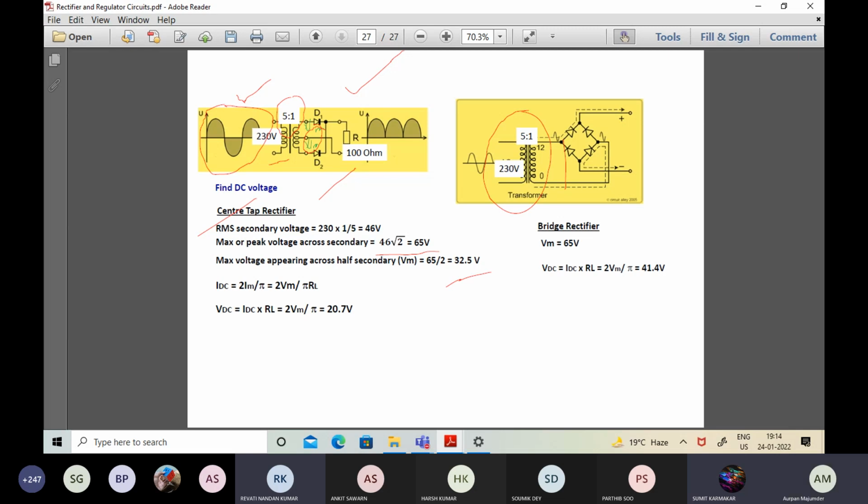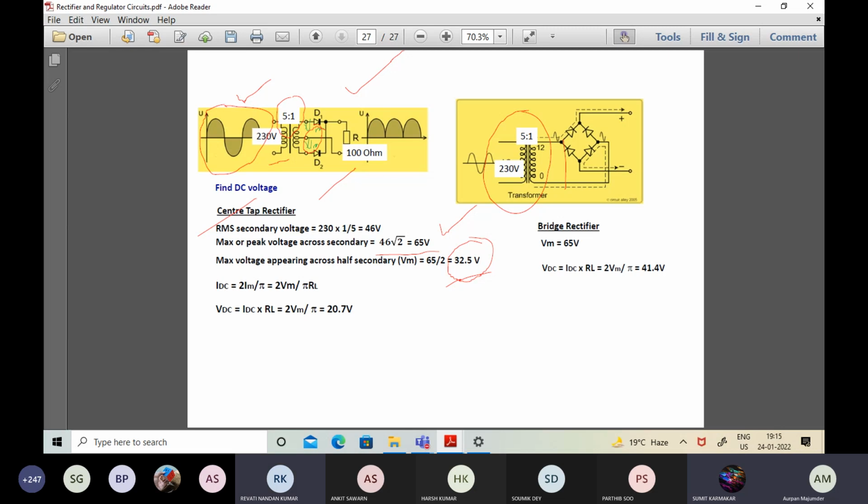I'm talking about the peak voltage, so RMS into root 2. So the peak voltage across the entire secondary is 65 volts, and because it is center tapped, the two halves experience a peak voltage equal to 32.5 volts. That is obvious.